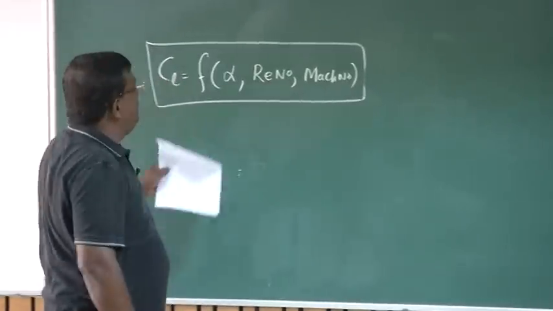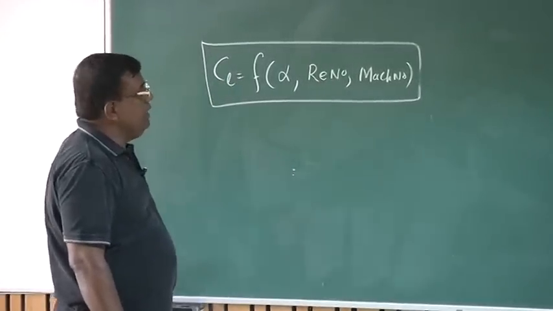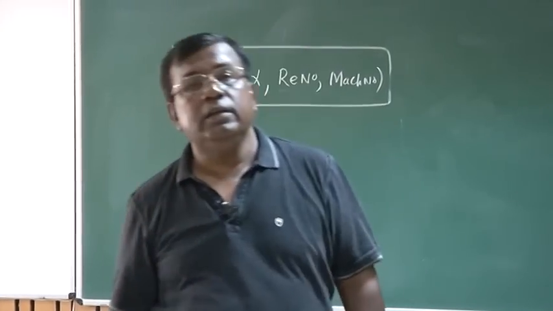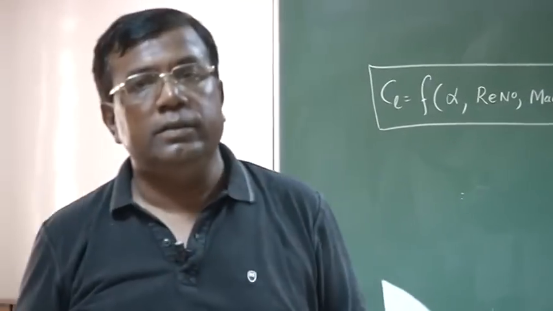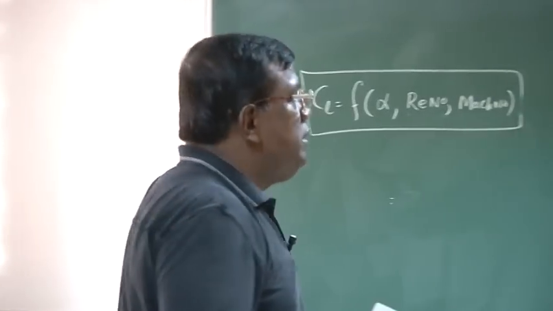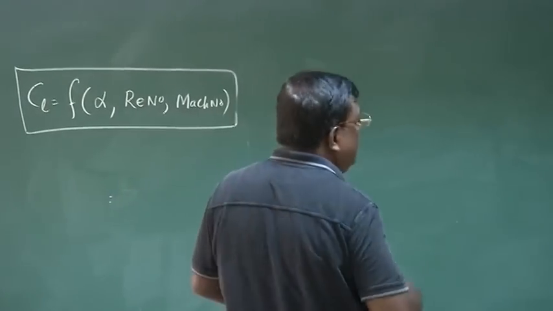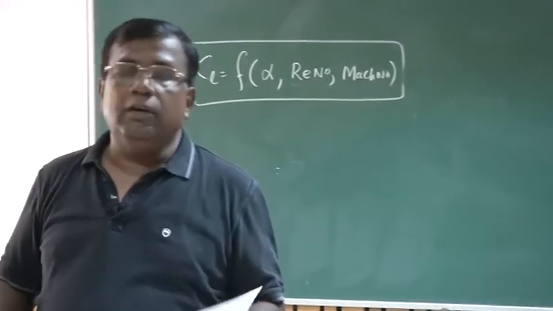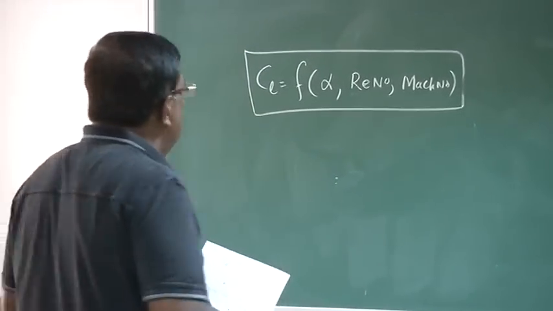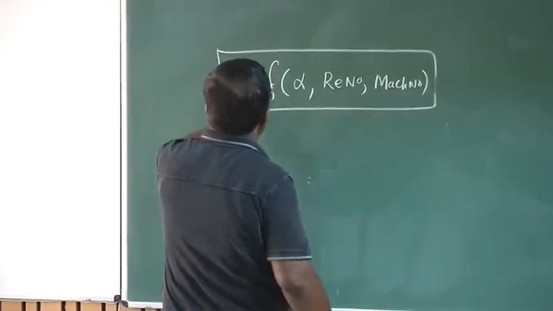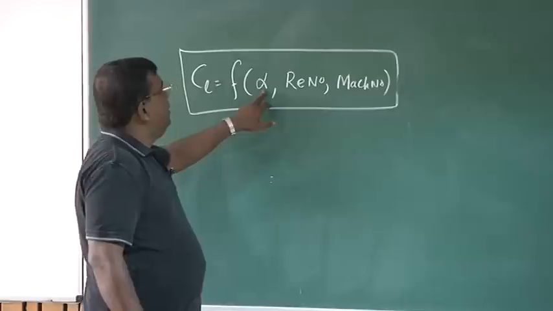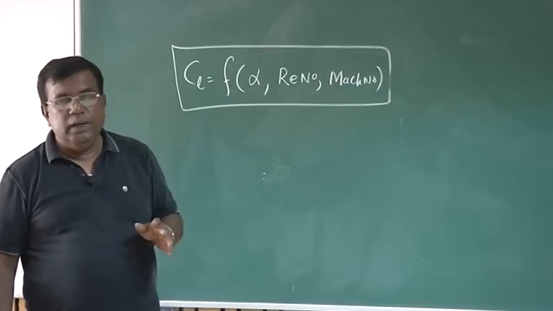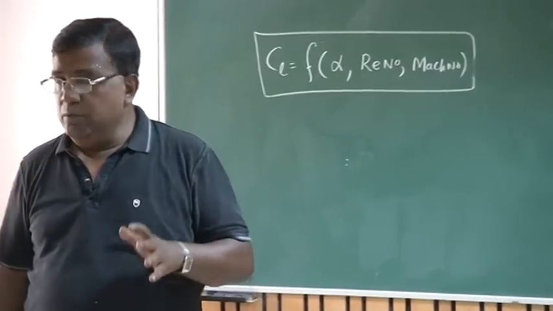If I try to give a physical interpretation, it says if I am having two geometrically similar configurations, their lengths are proportional. Then to know the variation of CL with alpha, Reynolds number and Mach number, I need to do a very limited number of experiments.